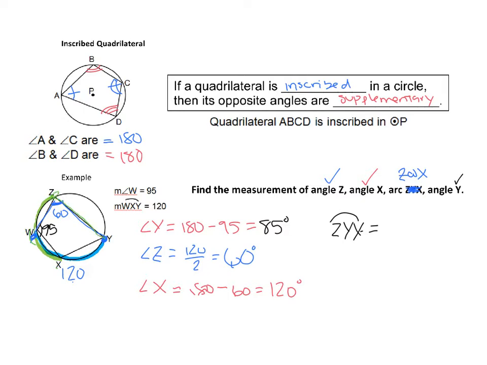And hopefully you see that angle Y inscribes it. We know the measurement of angle Y is 85 degrees. So that angle, we would have to double to get its arc. So 85 times 2 leads to arc ZWX being 170 degrees.